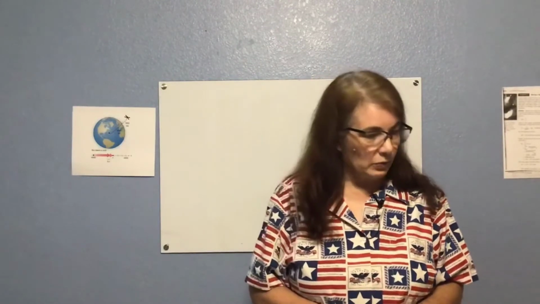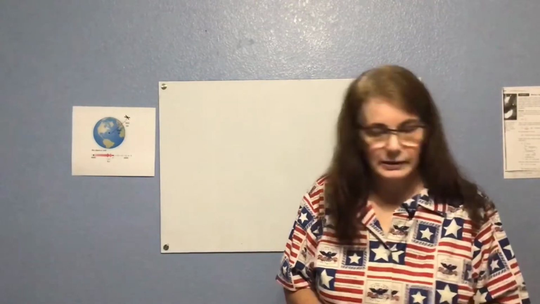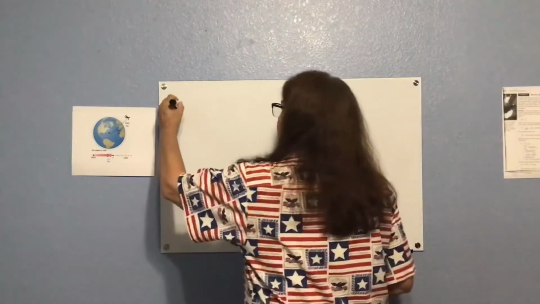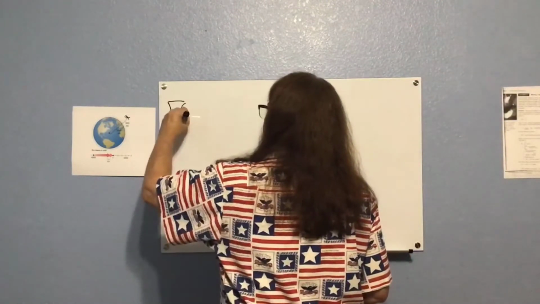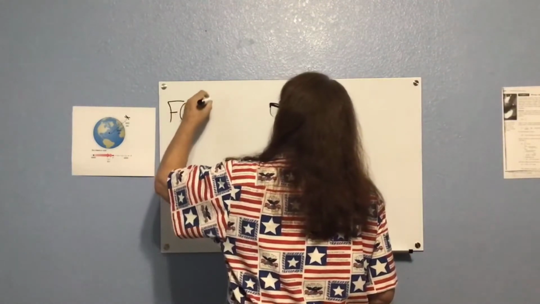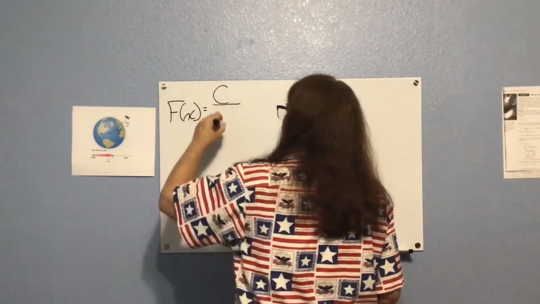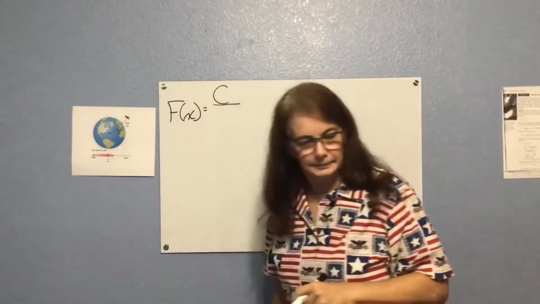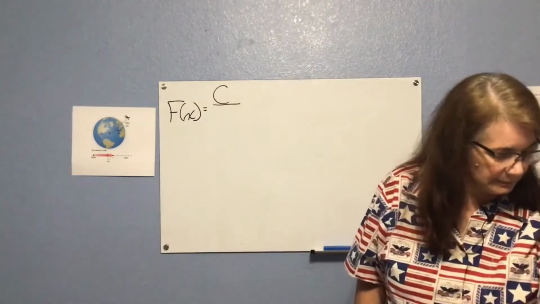Okay, we are going to think about the fact that as the satellite gets further and further away from the Earth, the gravitational pull is less, so that the weight actually decreases. So we're going to have f of x is equal to c over x squared.